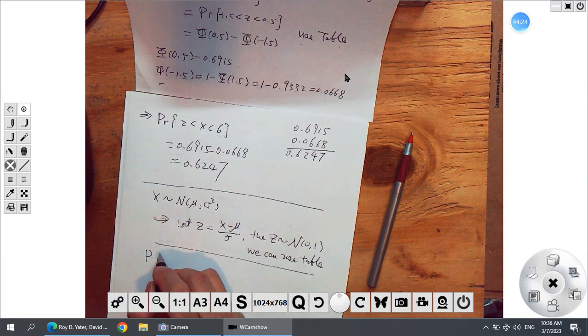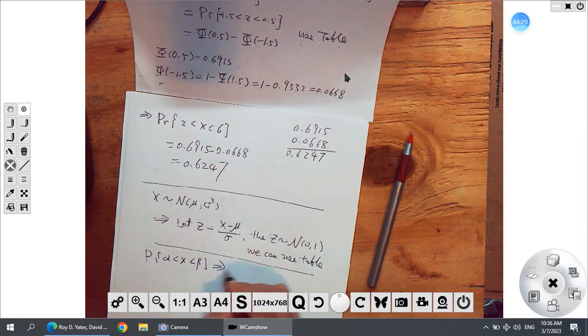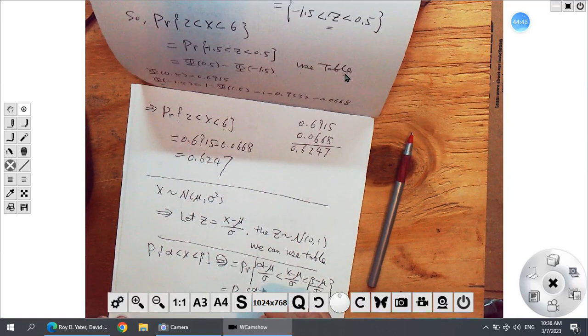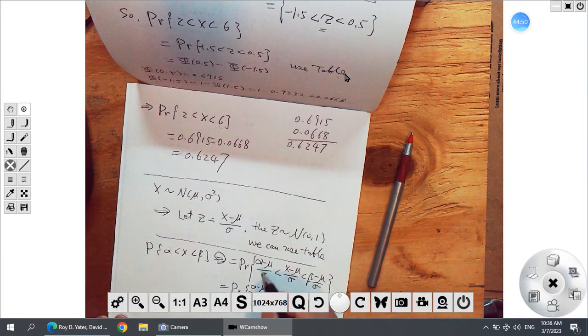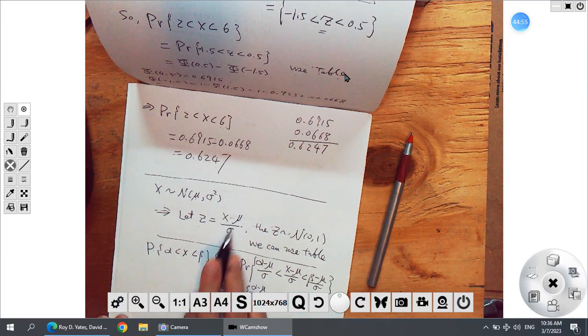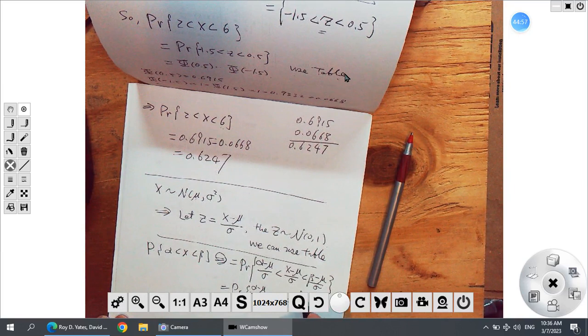The probability of alpha smaller than x smaller than beta is equal to the probability of alpha minus mu over sigma smaller than x minus mu over sigma, which is z, smaller than beta minus mu over sigma.